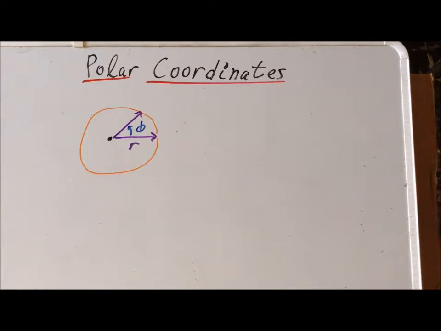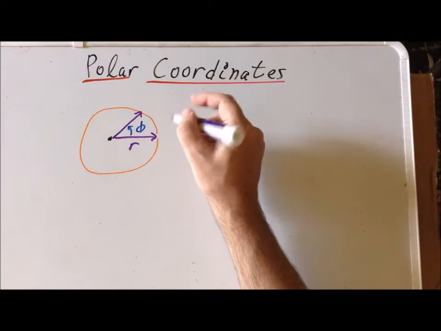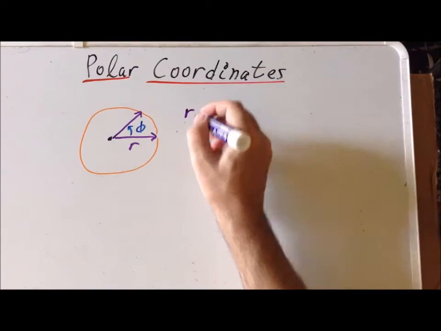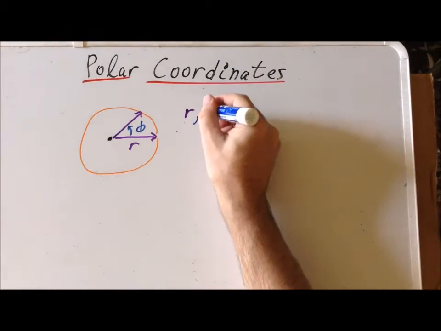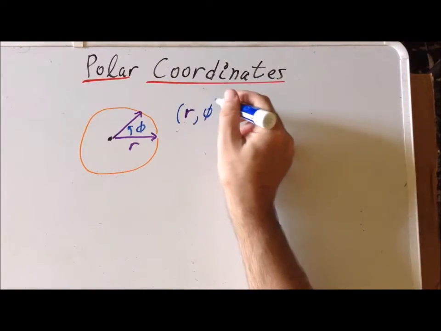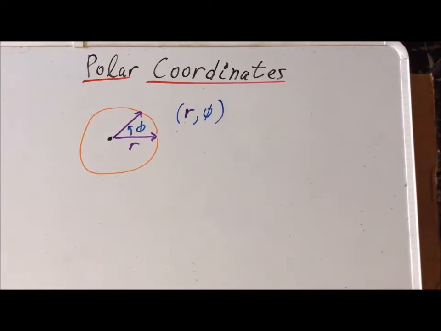Therefore, we can define the position of a point using two coordinates. The first coordinate being the distance r from the origin, and the second being the angle phi. And these are the so-called polar coordinates of our point.